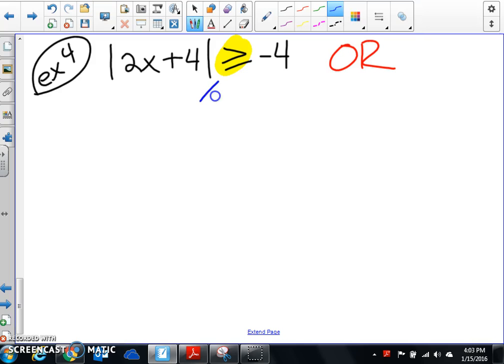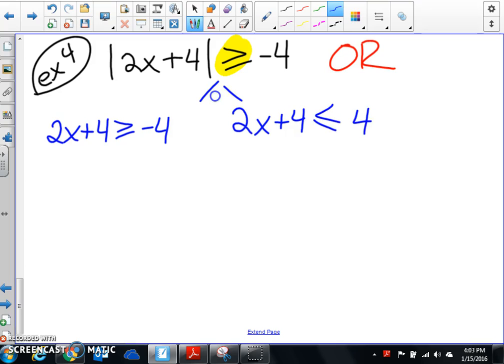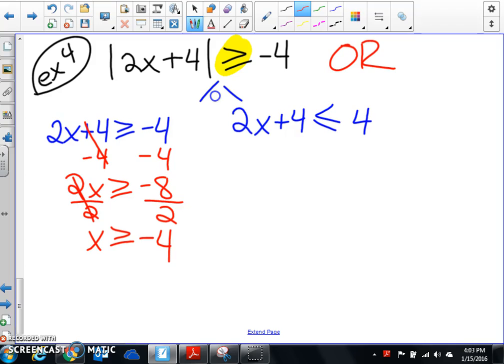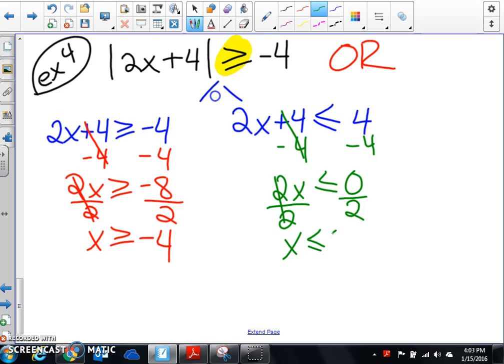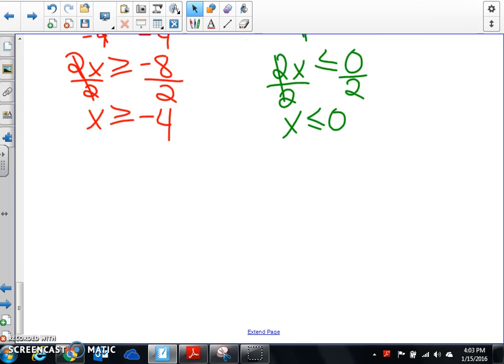I break them up. This is 2x plus 4 is greater than or equal to negative 4. This is 2x plus 4, the opposite of a negative 4 is a positive 4, and then I flip my inequality. Let's solve. Subtract 4 and divide by 2. Over here, we subtract 4 and divide by 2. All right, so those are my two solutions. Once again, these were ors.